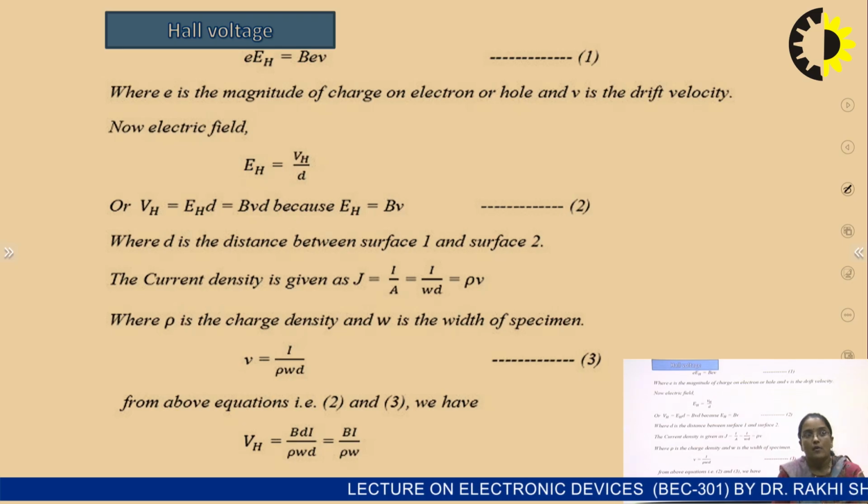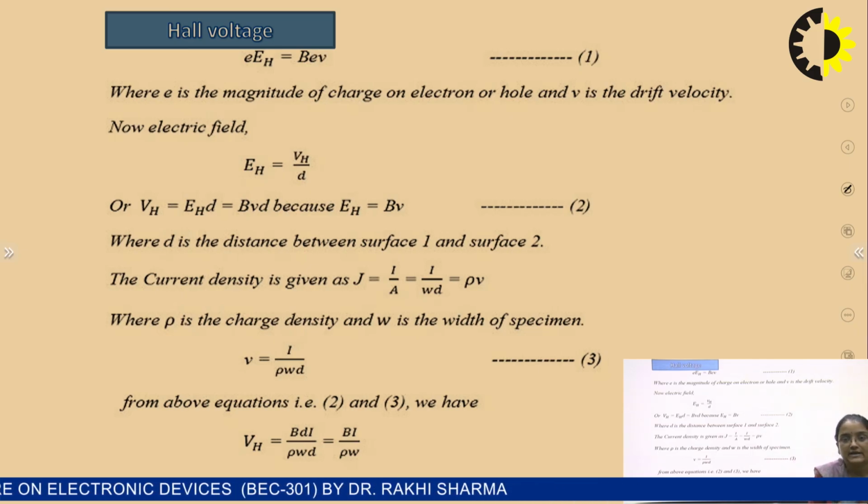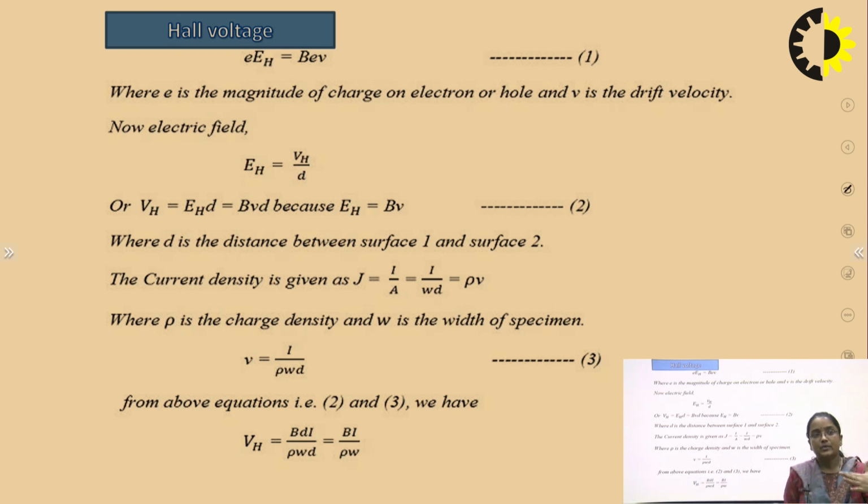Now, for the Hall voltage VH, the electric field that is induced, particularly in the y direction, we are naming it as EH, and that is multiplied across your width D. By multiplication of this, we are getting the Hall voltage. The second equation is simplifying the value of this Hall voltage in terms of the width of your semiconductor.